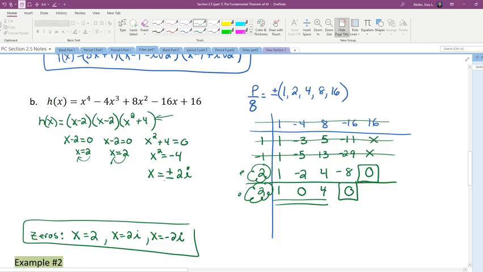So moving those over gives me x minus 2i equals 0, and x plus 2i equals 0. So that means my product of linear factors is the following: x minus 2, x minus 2, and then x plus 2i, x minus 2i. Set all those equal to 0, and you would get the zeros right here.